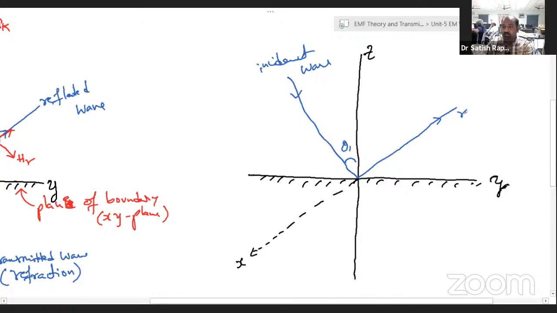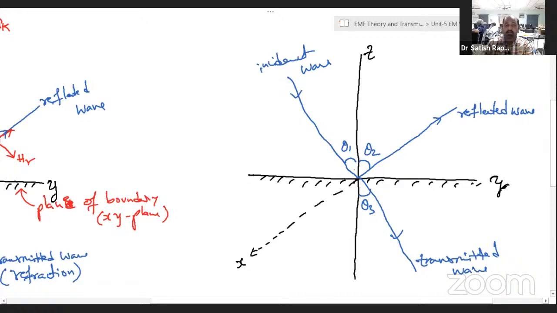This is called the reflected wave, with the angle of reflection, and a part of the wave transmits, and this is called the transmitted wave, and this is the angle of refraction, right? So now let us indicate the electric and magnetic fields.